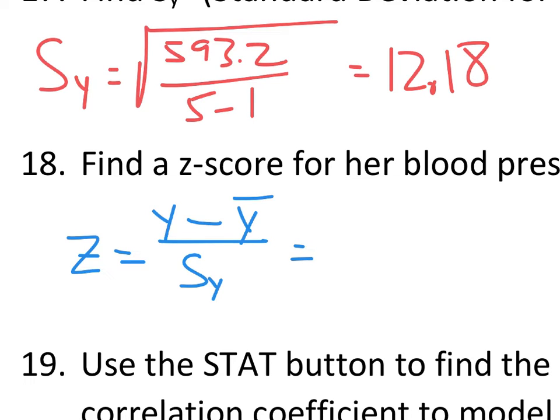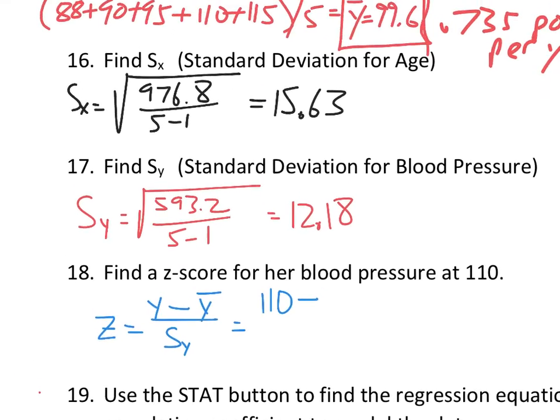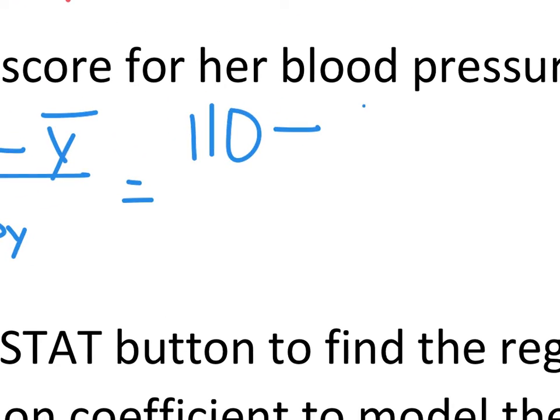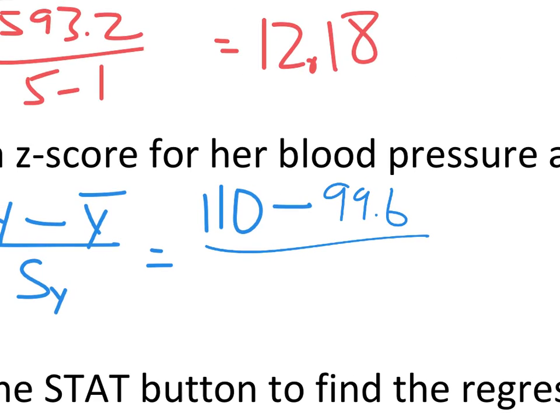All right, so that y value is 110. Subtracting the mean, sorry, not the standard deviation. So what was the mean there? 99.6. And divide that by the standard deviation, which was 12.18.